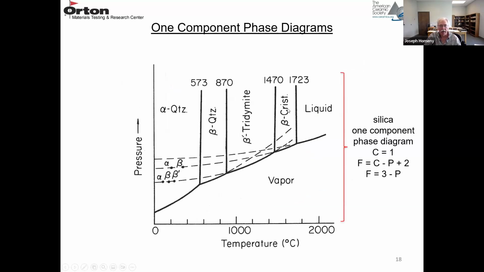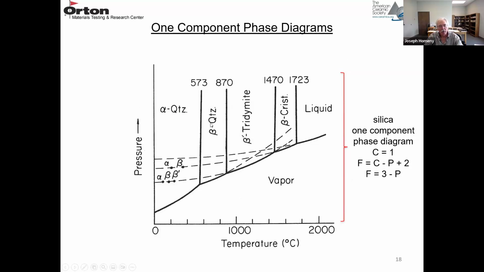Tridymite and cristobalite are high temperature phases. So three crystalline phases. Going from quartz to tridymite to cristobalite are reconstructive phase transformations. And then each one has displacive transformations.